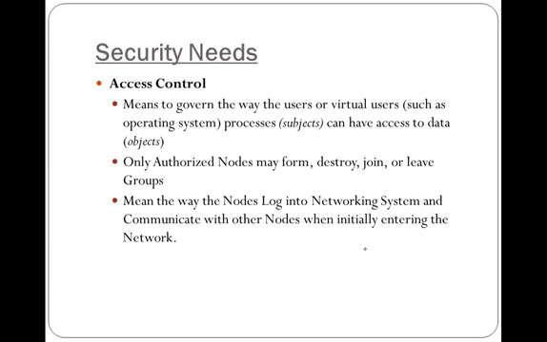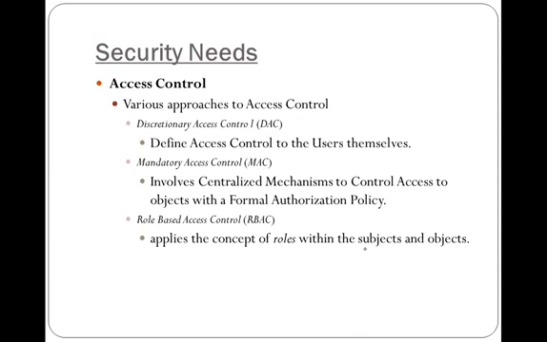It is quite clear that only authorized nodes should join, should leave, and should destroy any group. It means that every node may not be able to join, any node may not be able to leave without the permission of group leader, and any node may not be able to create and destroy a group as per his authority. So we have different types of approaches for the access control.